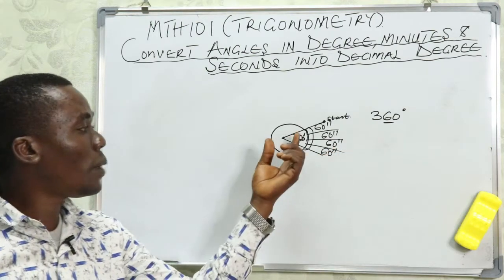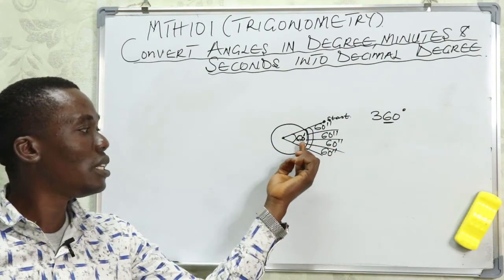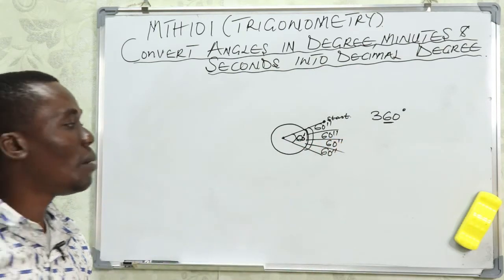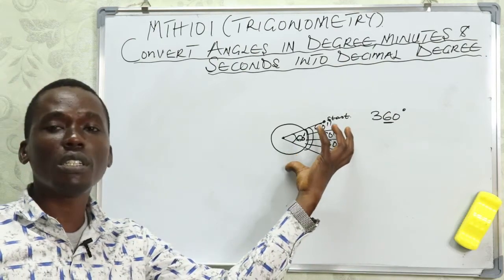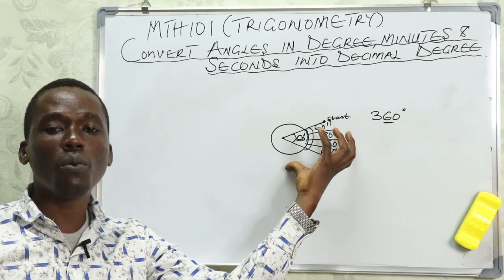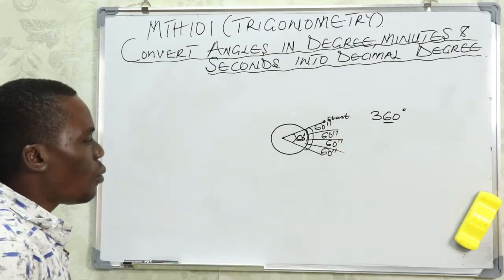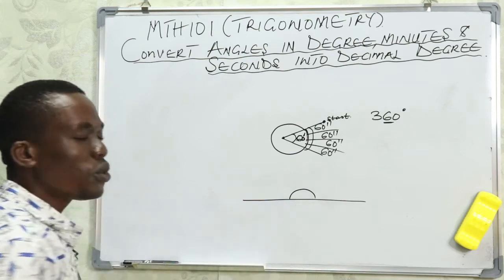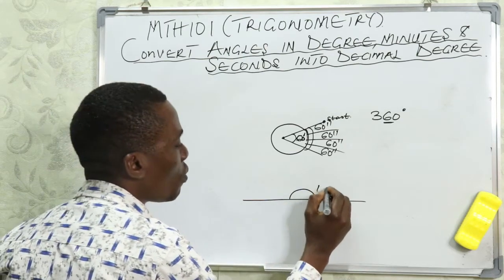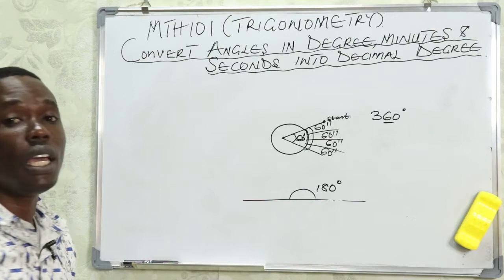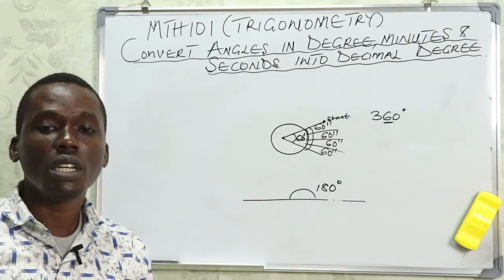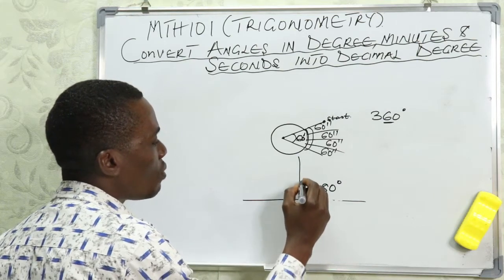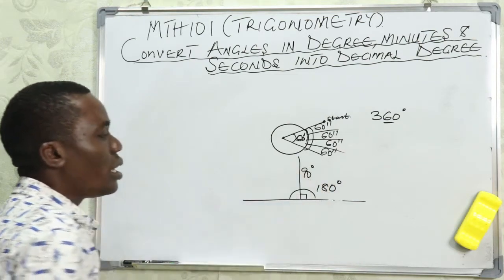This is the degree part that is broken down into minutes and seconds. I also want to show you that the half of this angle can also be measured, and that will give you a 180 degree turning, and the half of this angle will give us 90 degrees.